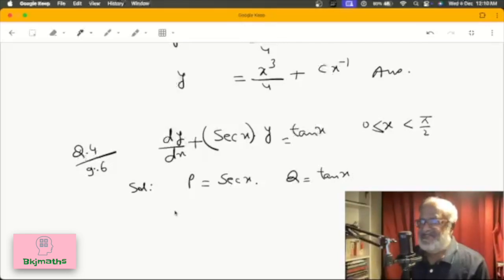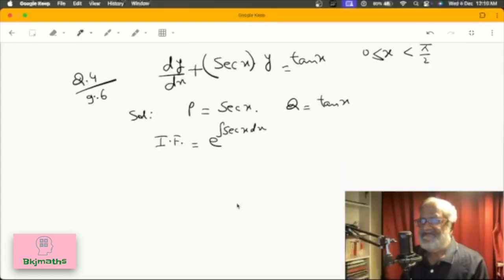Now second step, find the integration factor. Integration factor equals to e to the power integration p dx. P is sec x, so e to the power integration of sec x dx. So integration of sec x is log of sec x plus tan x.